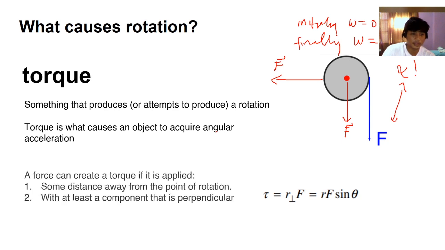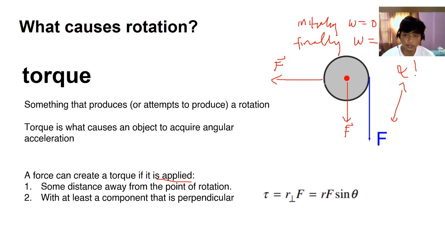In fact, a force can create a torque, but not always. It can only create a torque if it is applied some distance away from the point of rotation. It has to be some distance away from the point of rotation, so that's why this doesn't work. If you apply a force on the axis, that's not a distance away, that's on the point of rotation, and that will never rotate. The second is that at least a component of the force must be perpendicular.